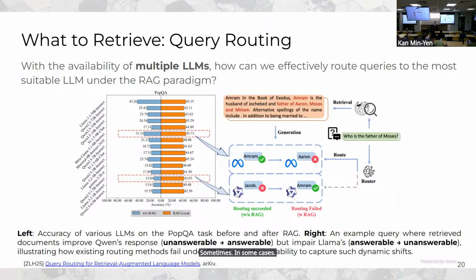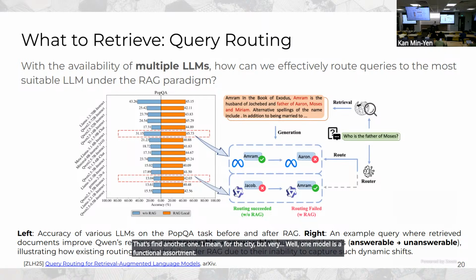As we can see from the example on the right-hand side, for the Llama and Tianwen models, in some cases, if they perform retrieval augmentation, the query becomes unanswerable for one model. But for the same query, with another model, it goes from unanswerable to answerable.